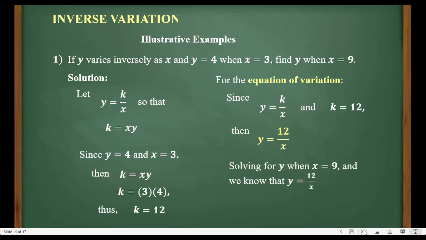And from that equation, we can now solve for the required value of y, since the final value of x is given as 9. So from this equation, we just plug in the value of x right here and simplify the result. Therefore, y is equal to 4 over 3. So this is the value of y when the final value of x is 9.